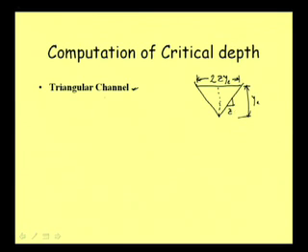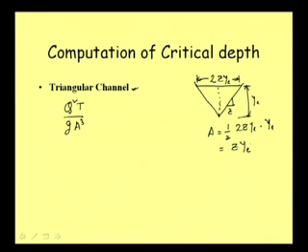Okay. So, in a triangular channel, again if we start from the very basic relation, that is q square T by g A cube equal to 1, and area we can write as half of base into altitude. So, base of this triangle is twice z y c, and altitude is equal to y c. So this is equal to z y c square.